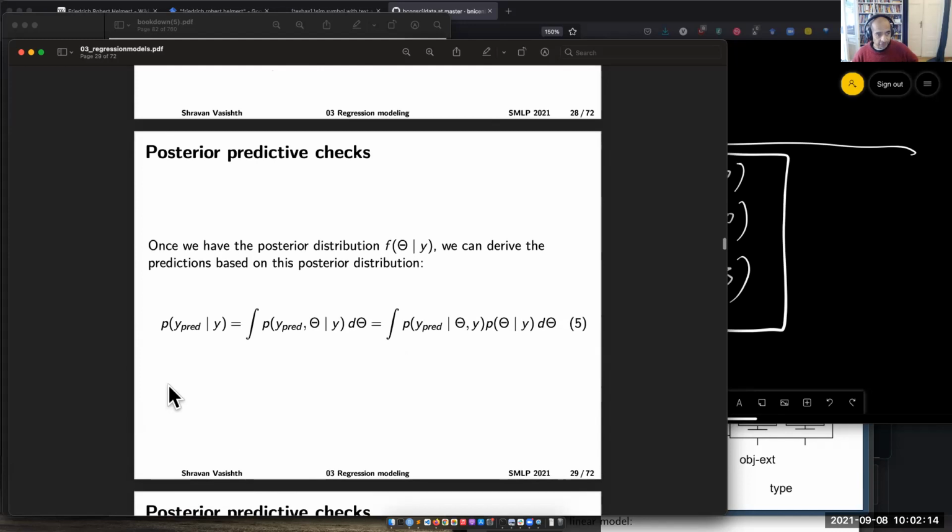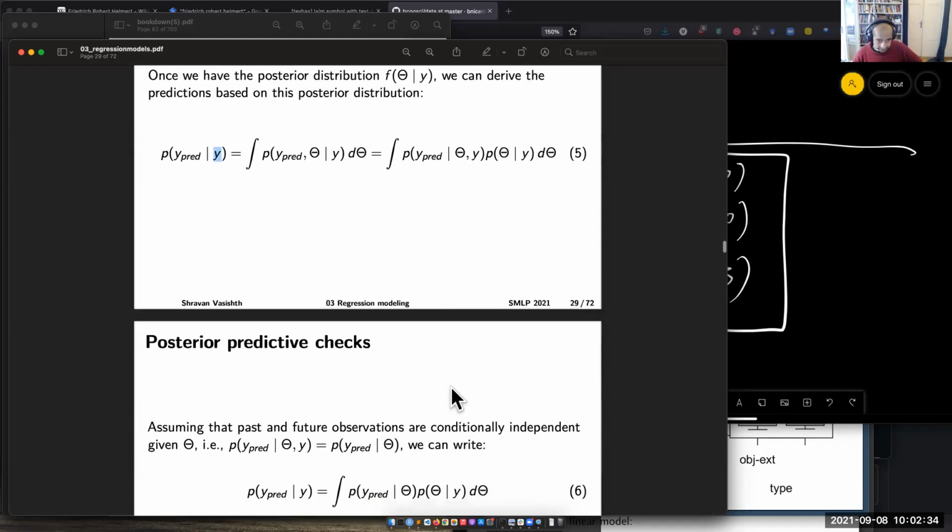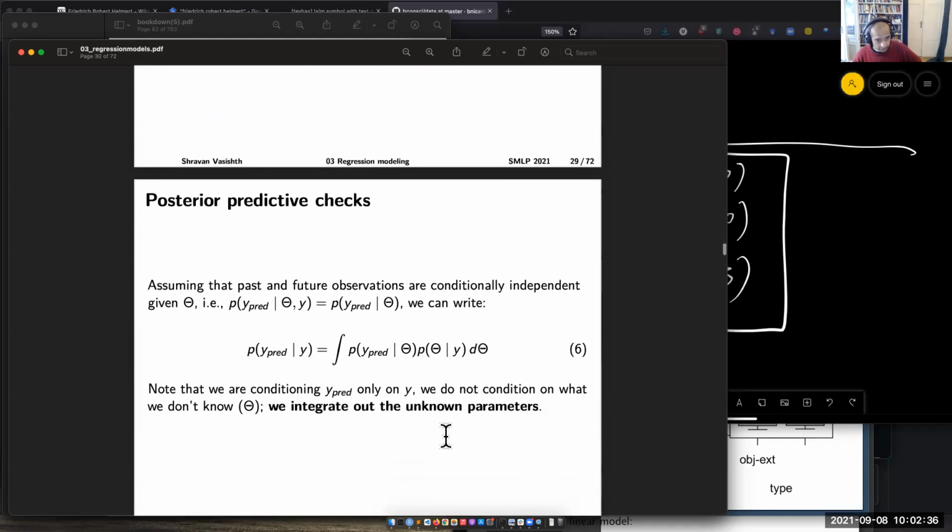The way we write it formally is that we produce predicted data given the observed data. Notice that there are no theta parameters here anymore. The reason is that we have integrated out the theta parameters. We average over the posterior distributions of the parameters, and we can produce the future data. So that's how we do this.